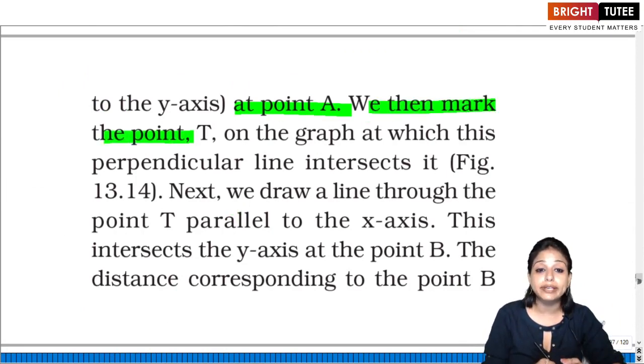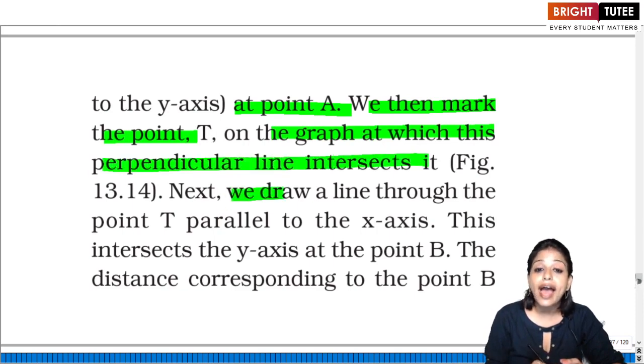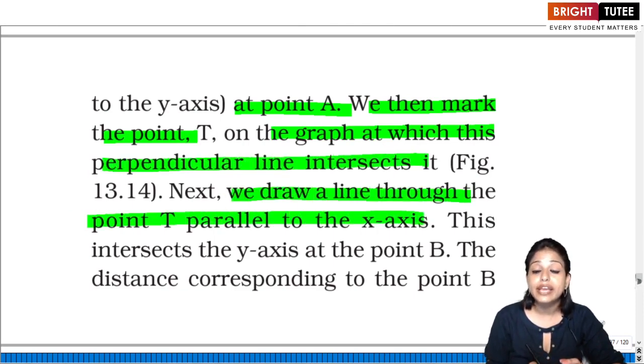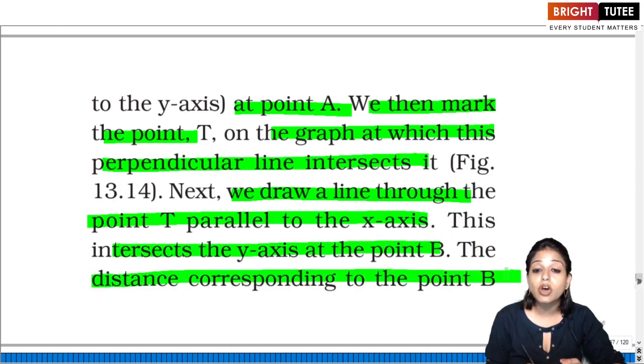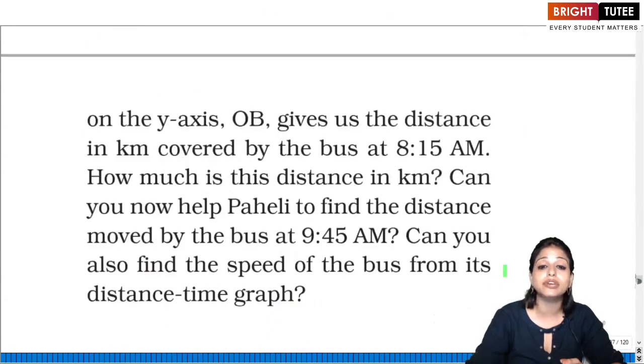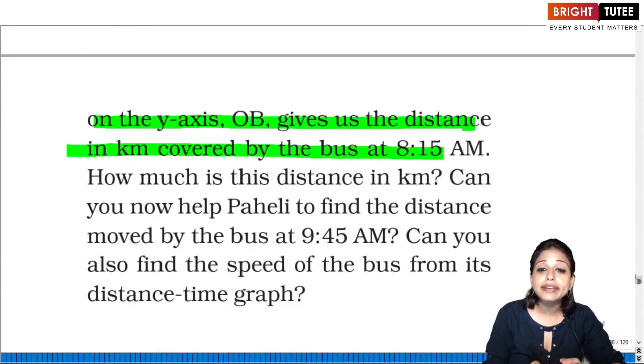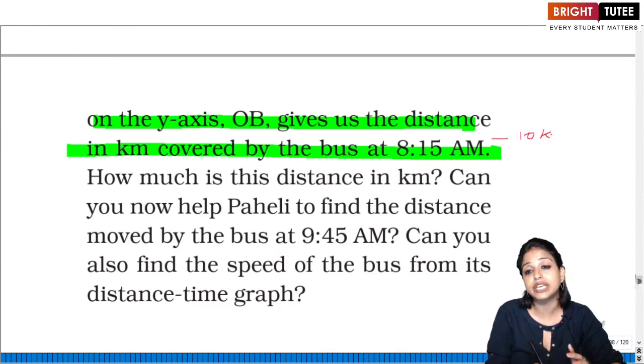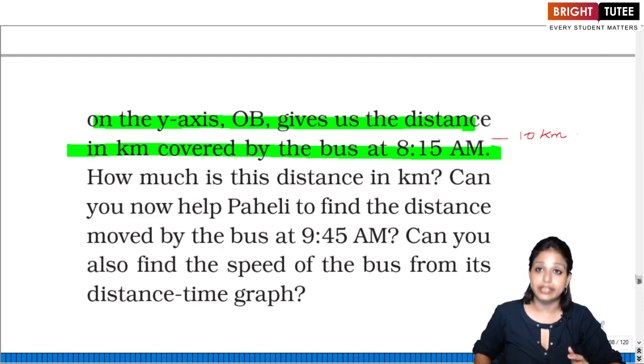We mark the point T on the graph which is perpendicular to the line intersected, and T will give me the y-axis value. The distance corresponding to this value was given to be how much? It was 10 kilometers, right students? From the graph we have seen that at 8:15 the distance traveled was 10 kilometers.